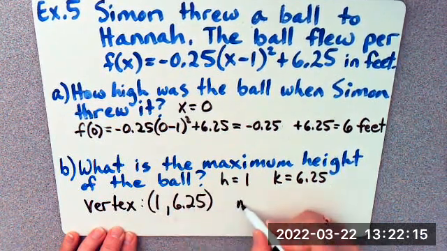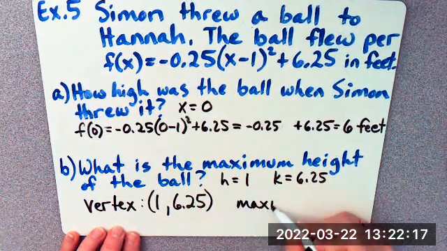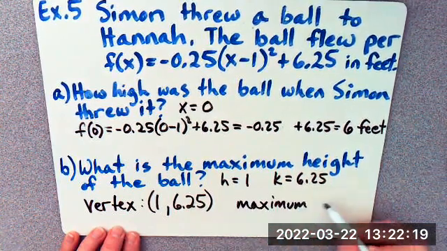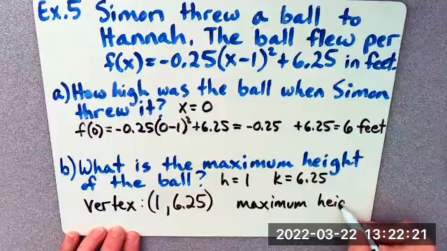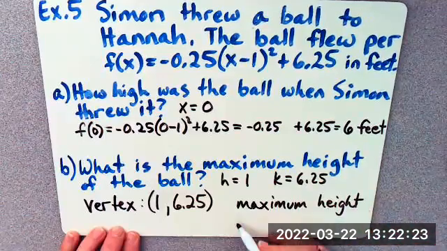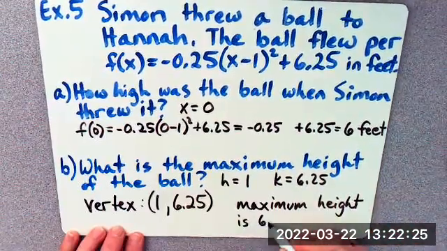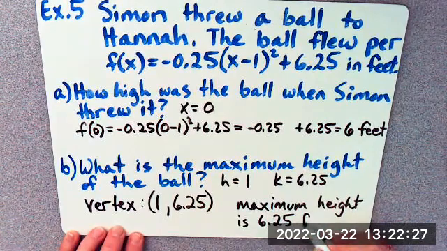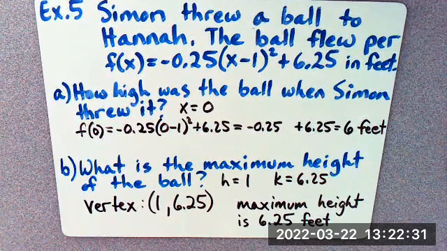So the maximum height is 6.25 feet. So he's just doing a little tossing the ball with Hannah. So it's not going very high. They're not very far apart. Okay, so that's the maximum height.